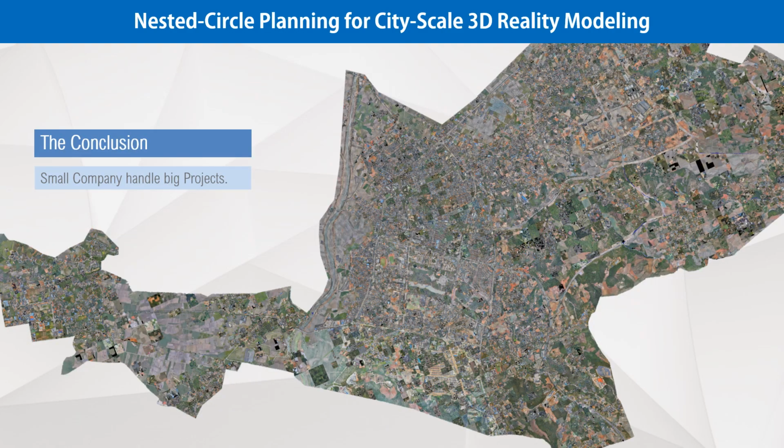City-scale reality modeling is not something new, but using only one job to accomplish a city-scale modeling project sounds crazy. WayPoint Master provides a complete solution for this purpose, making it possible for a small company to handle this kind of project.